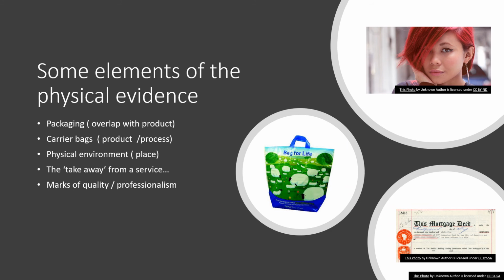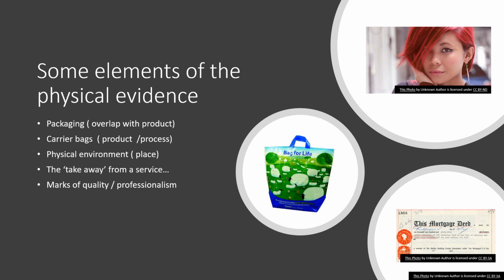We could also place things like packaging in this section, although again it's an overlap with the products, the way that things are packaged, carrier bags as well. Almost every retailer you can think of, they have branded carrier bags that you can take away with you, branded packaging that they send through the post. And again, it's an aspect of marketing.